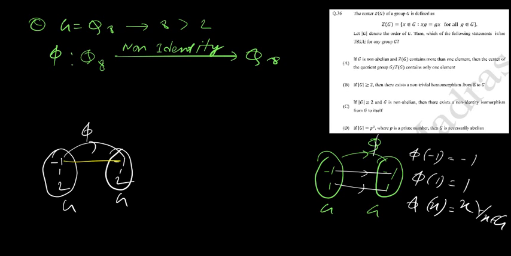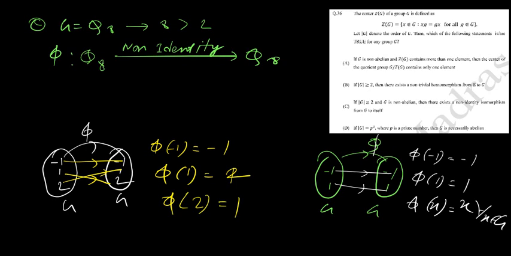Suppose minus 1 maps to minus 1, 1 maps to 2, and 2 maps to 1. So phi of minus 1 equals minus 1, phi of 1 equals 2, and phi of 2 equals 1. So here phi 1 is not equal to 1, so phi x is not equal to x. That means phi is a non-identity mapping.